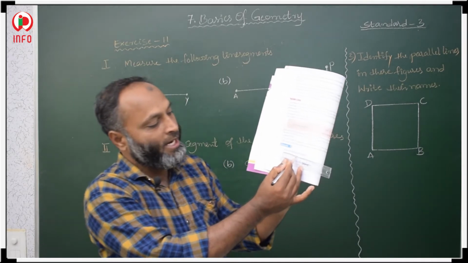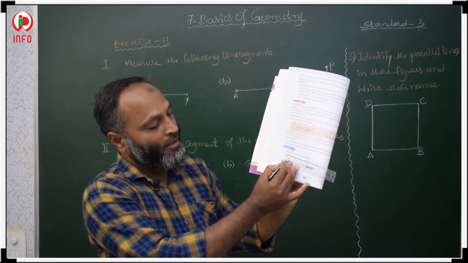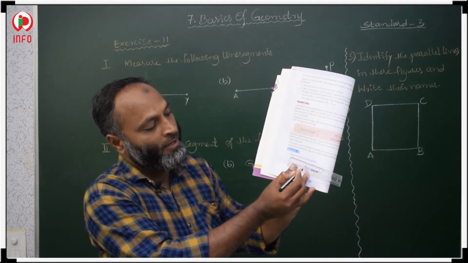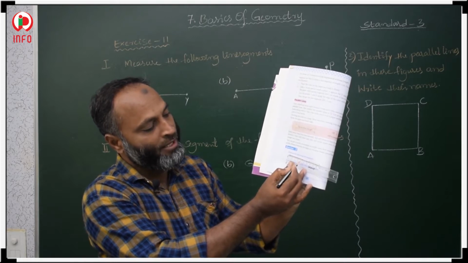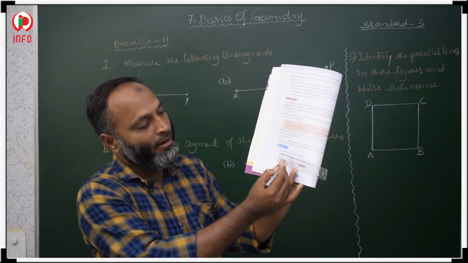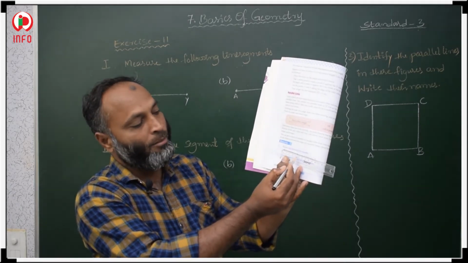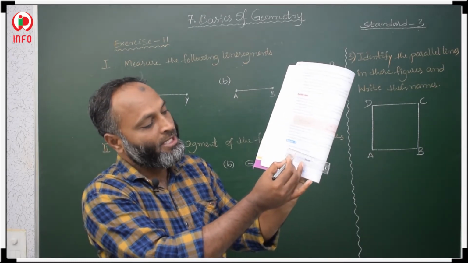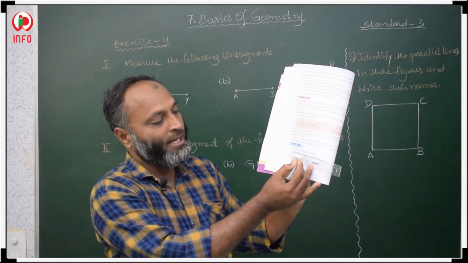Where this second point coincides, here this is 0, 1, 2, 3, 4 and after that 5. In between 4 and 5 the second point coincides, exactly in the middle. The middle of 4 and 5 means 4.5. So, at 4.5 the point Y coincides.